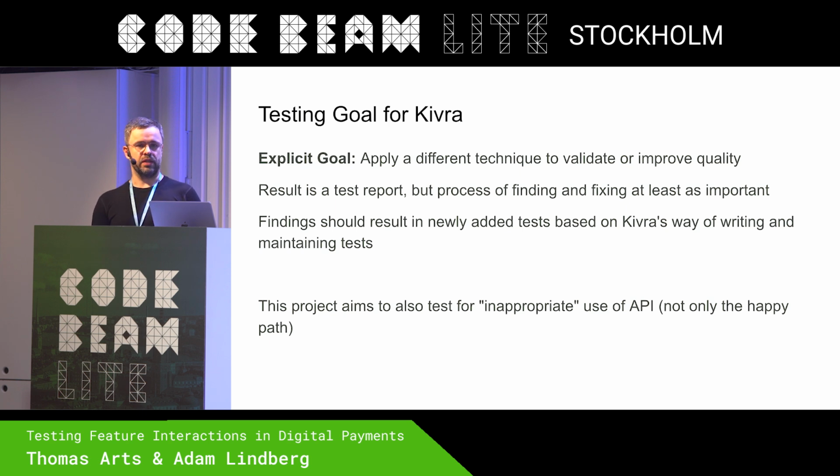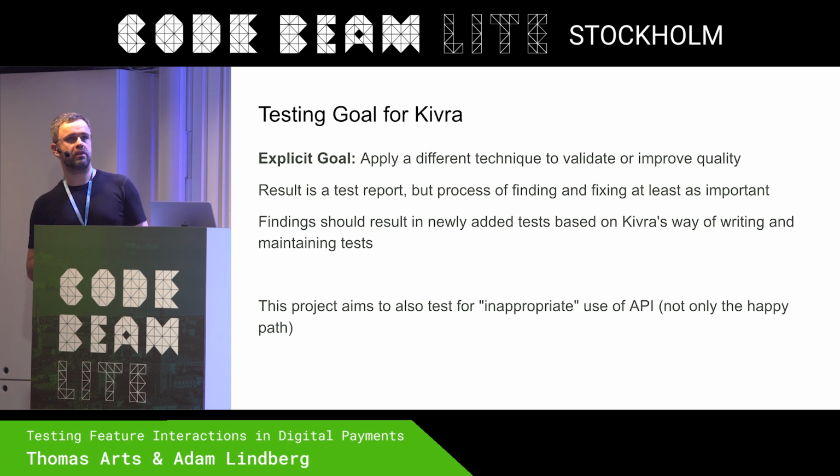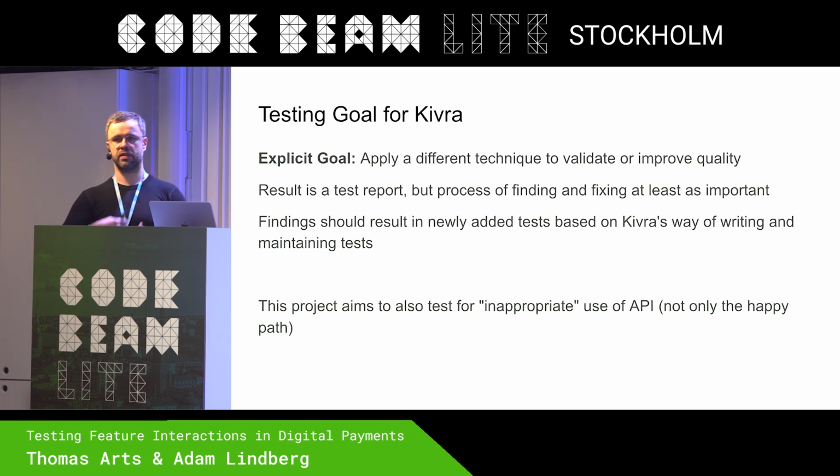So the testing goal is, first of all, we do testing, obviously, as most people in the software industry do. But we wanted to try a different technique to improve quality and to validate the system. Thomas told you earlier how you write a model specification of your test, and then you generate test cases from that.